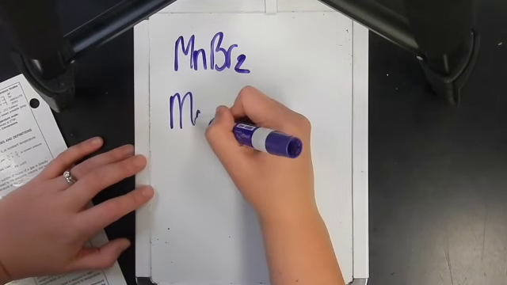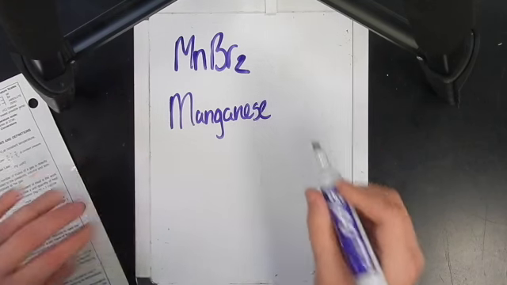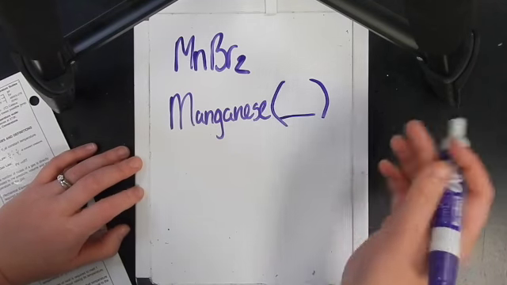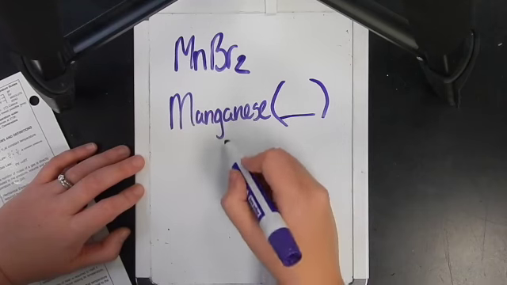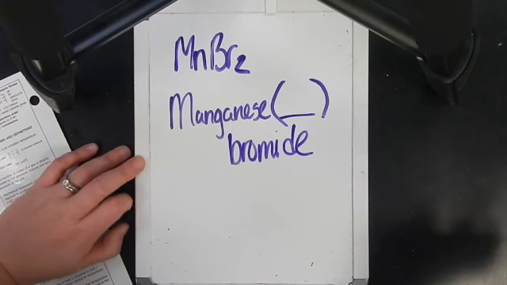First, you can go ahead and type out manganese. We know manganese is a transition metal, so we're going to need a Roman numeral for whatever the charge of the metal is, and then an IDE ending: bromide, for bromine.